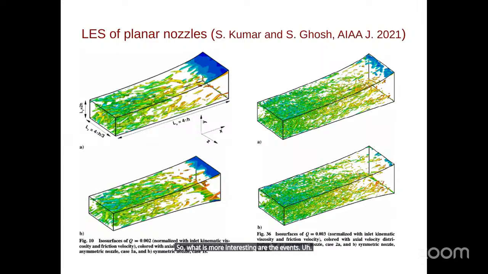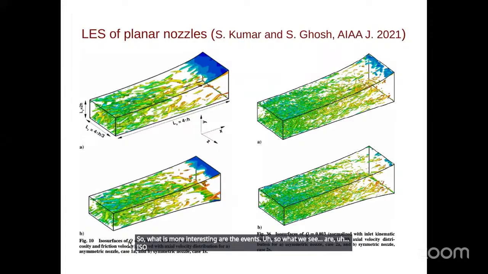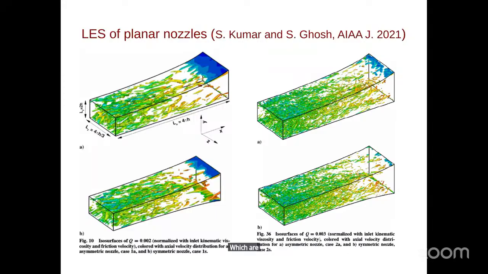What we see are isosurfaces of the second invariant of the velocity gradient tensor, which roughly denotes the vortices which are present in the flow. So this is the asymmetric nozzle, which shows that the turbulence decays as we go along the nozzle.